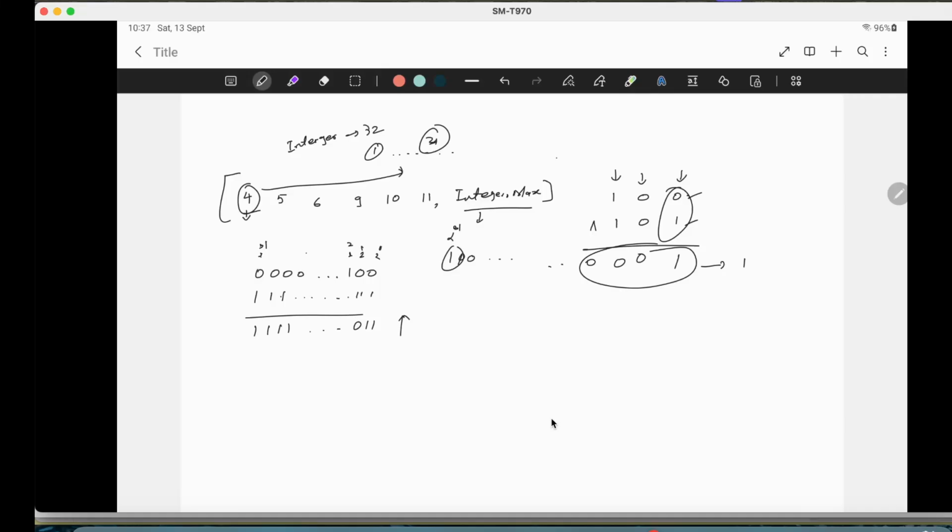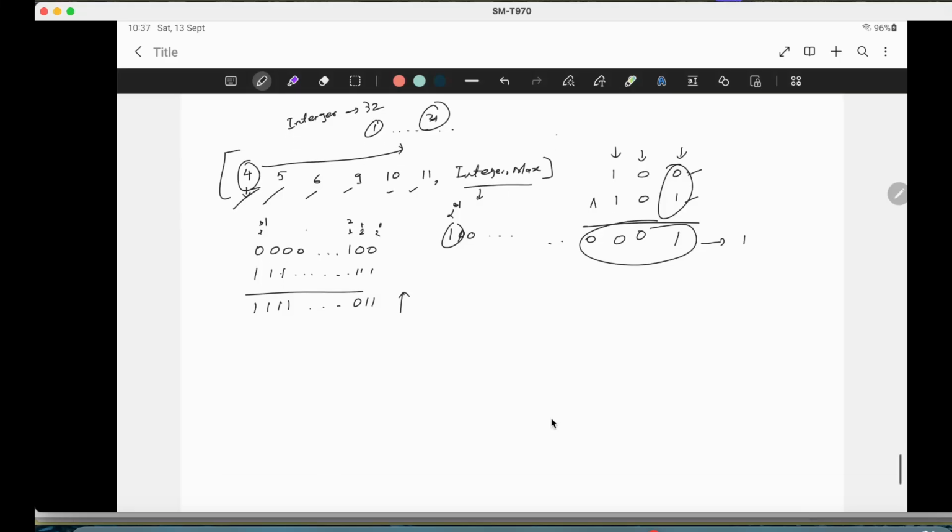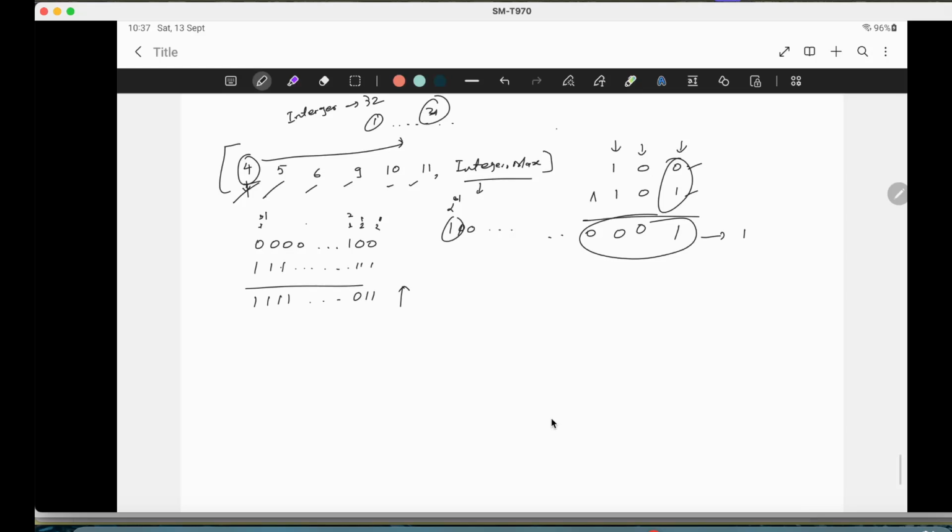So yes, the idea is clear now. What we can do is, with the help of these numbers that we have, we can generate a trie. At any point in time, the bits available at each level can be repetitive, and I don't want to store them separately at each level. 4 is represented as 0 0 0 0 all the way to 1 0 0, and 5 is represented as 0 0 0 0 all the way to 1 0 1.